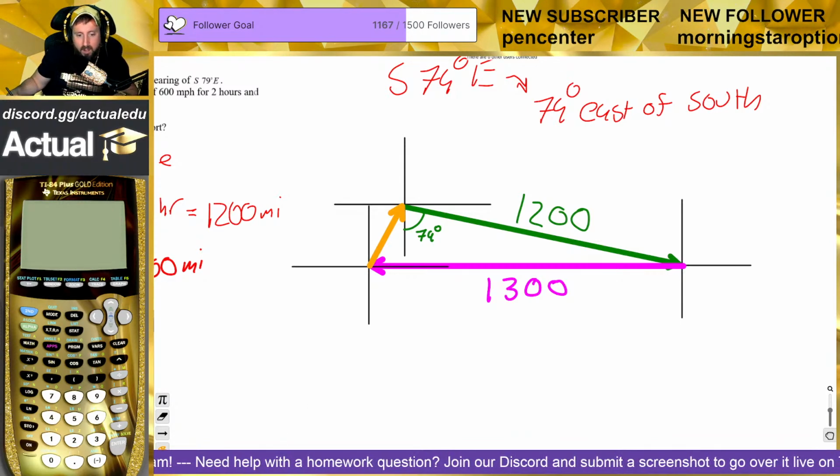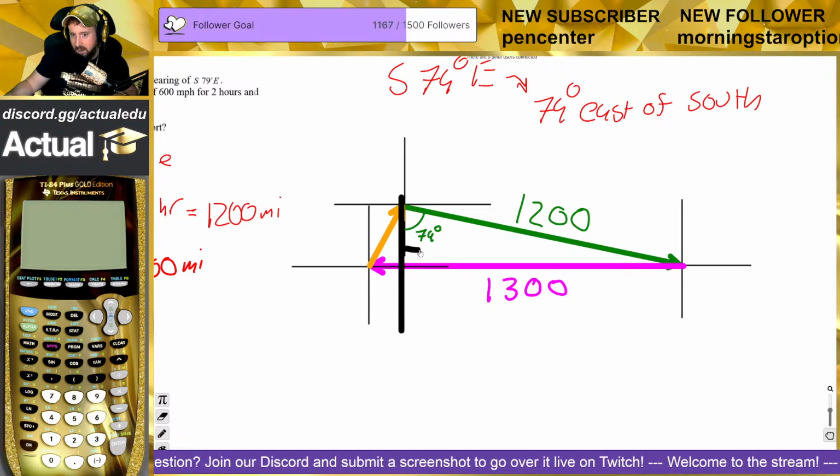But okay. What I do know is if this comes all the way down, now I have a right triangle. And if this is 79 degrees, what does this have to be? That angle has to be 11 degrees.